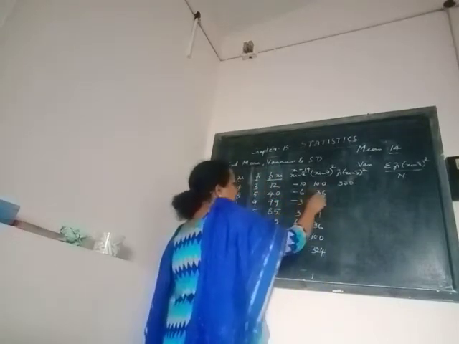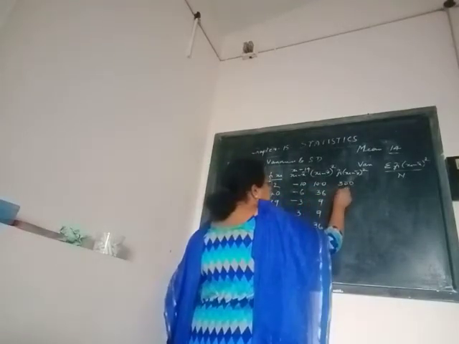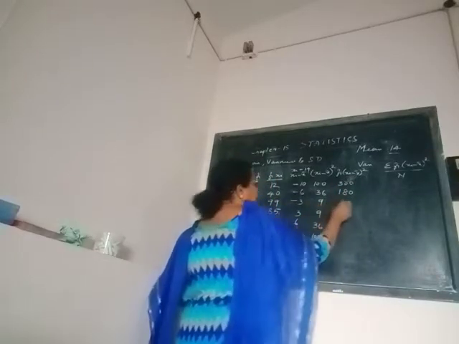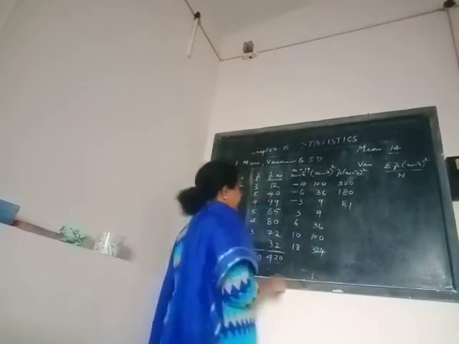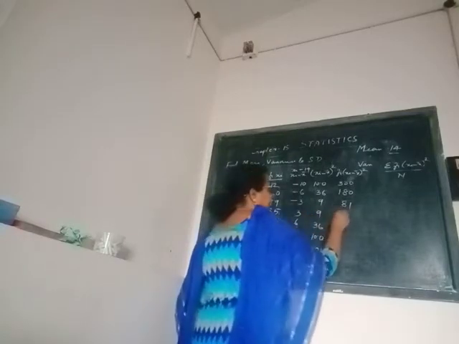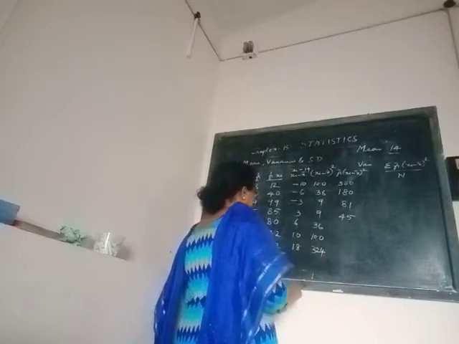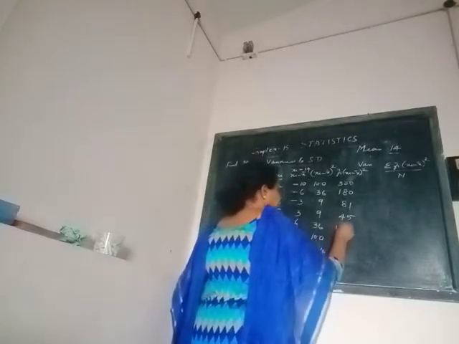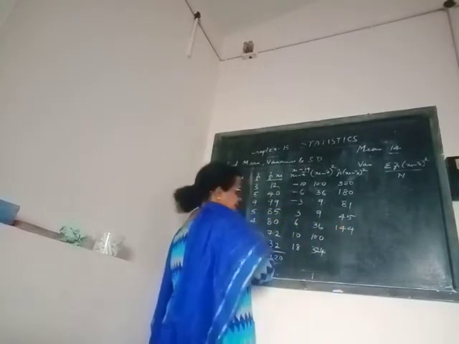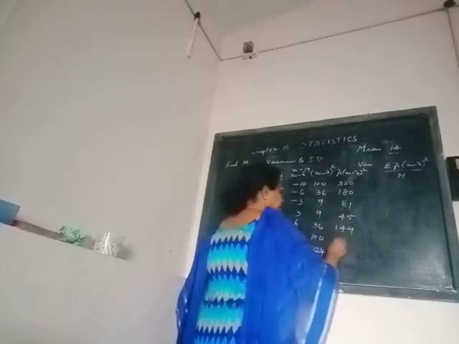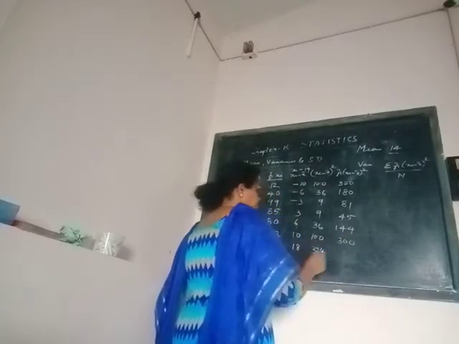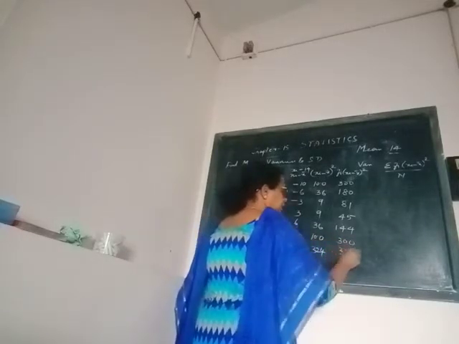Next is 5 into 36, so 180. Next is 9 into 9, 81. Next is 5 into 9, 45. Next is 4 into 36, 144. Next is 3 into 100, 300. Next is 1 into 324, 324.